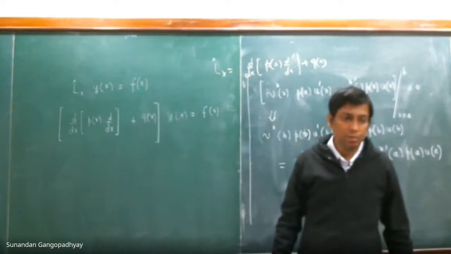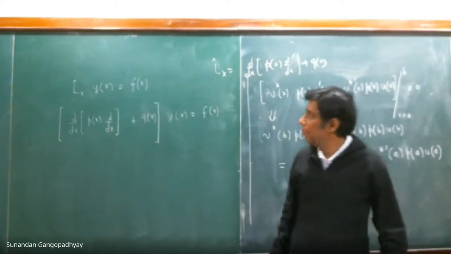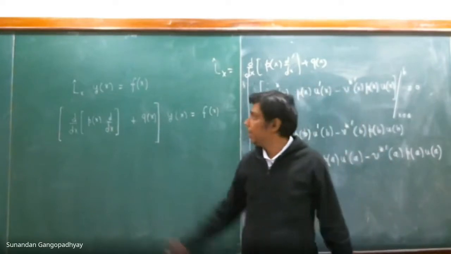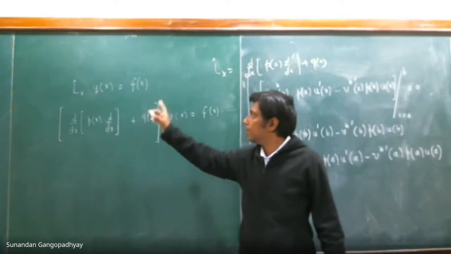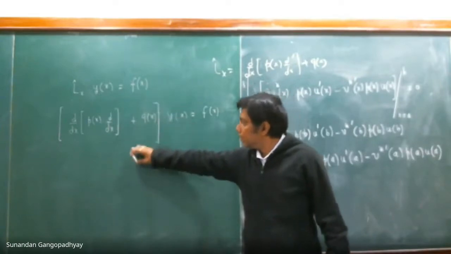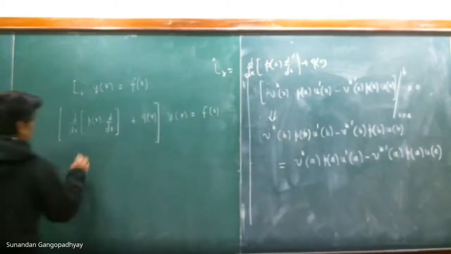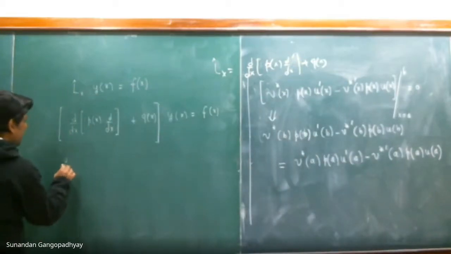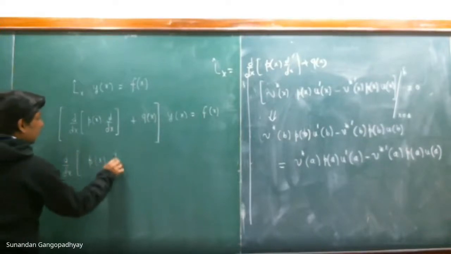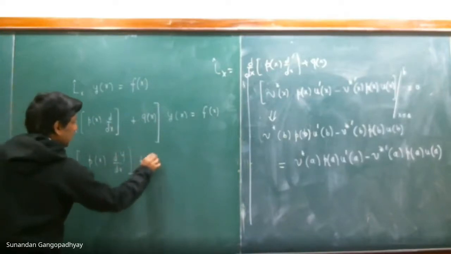And one of the powerful techniques that you have, so here, okay, this particular differential equation is, if you just expand it, then you will see in a moment that you can write this as d/dx of p(x) dy/dx plus q(x) y(x).